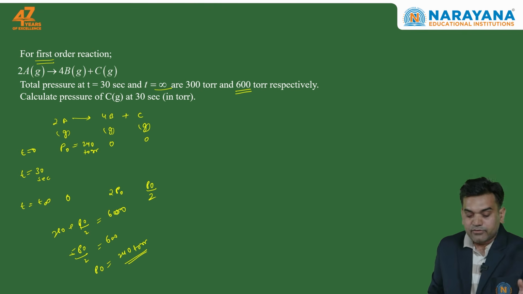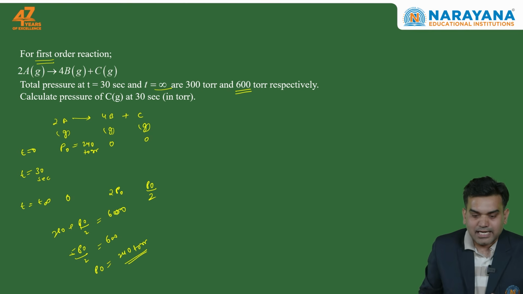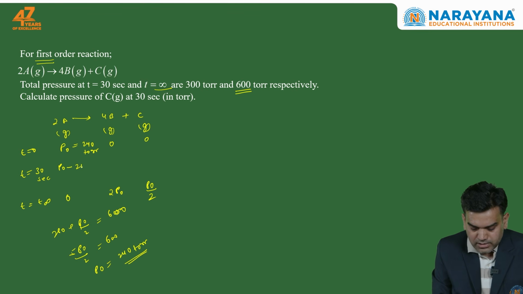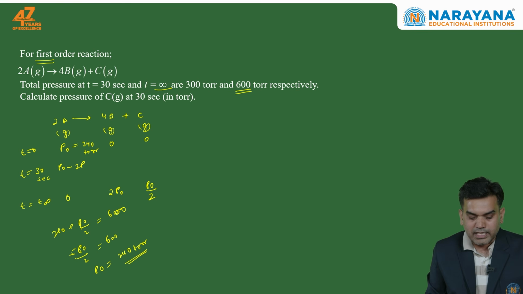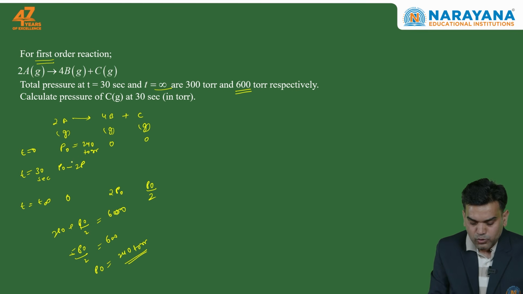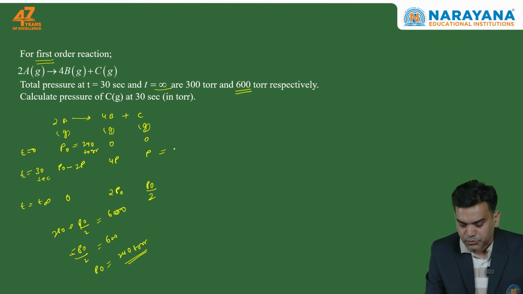Now they have given at T is equal to 30 seconds, A will dissociate by some value. Let's say 2P amount of A is dissociating. I have taken the value of P as per the stoichiometry. So 2P amount of A will give 4P amount of B and P amount of C. The total pressure at T is equal to 30 seconds is given as 300 torr.